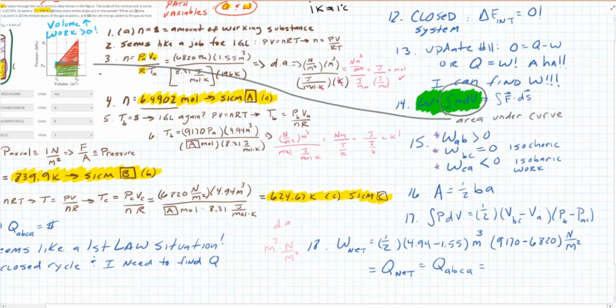You get a Newton times meter, which is a joule. And I do expect joules. So dimensions I'm feeling good about. 0.5 times 4.94.